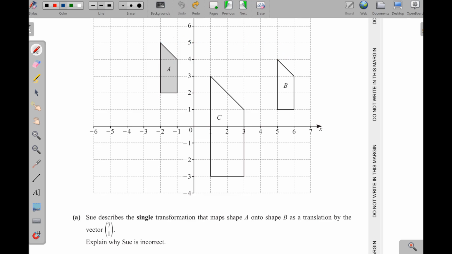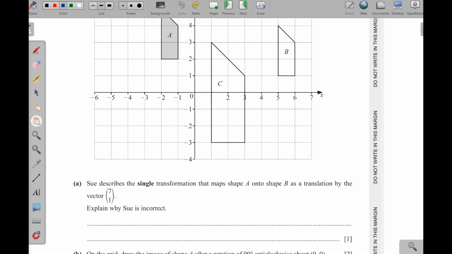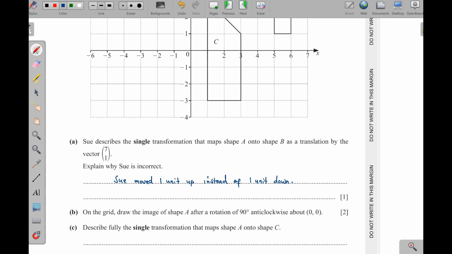We shall say that Sue moved up, or we say 1 unit up instead of 1 unit down. As simple as that.